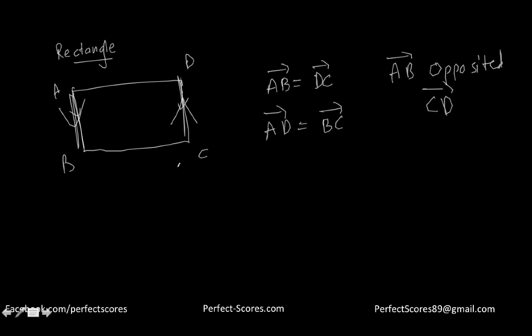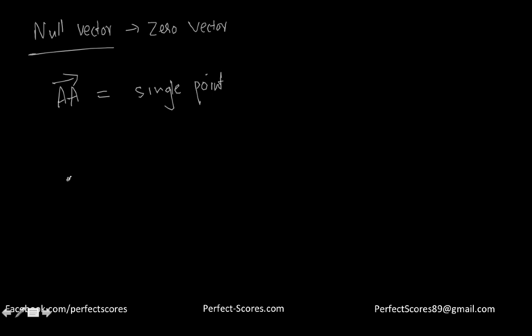Now let's talk about a special case, the null vector, also known as a zero vector. What is a null vector? A null vector is represented like this, AA, which represents just a single point, isn't it? Because the distance from A to A, let's suppose this is point A, is just a point and it's not going to have any direction.